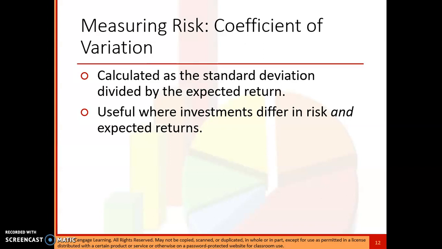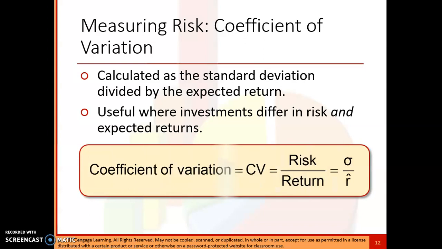But in a lot of cases, we'll have different expected returns and different standard deviations. The coefficient of variation, or CV, allows us to adjust for that. It's the risk divided by the return, so we take the standard deviation and divide it by the expected return on that stock.